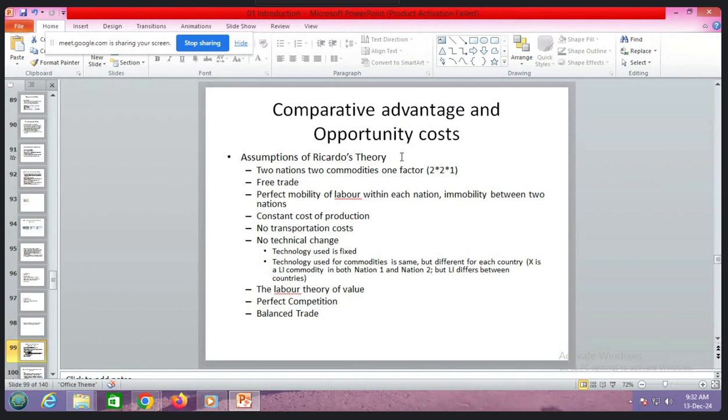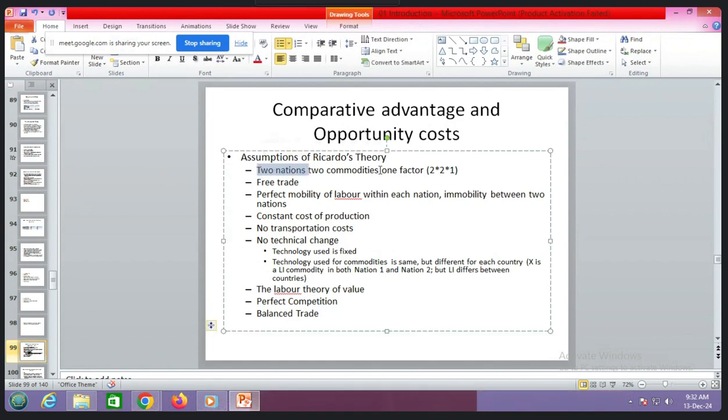So we have some assumptions. The assumptions are, we are dealing with two nations, nation 1 and nation 2. We are dealing with two commodities, and we are dealing with one factor, that is labor. We are dealing with free trade.